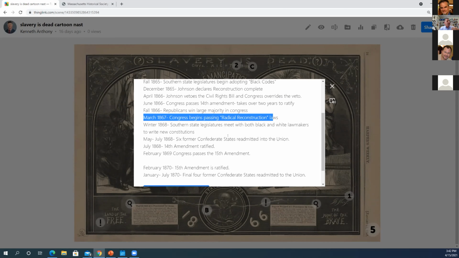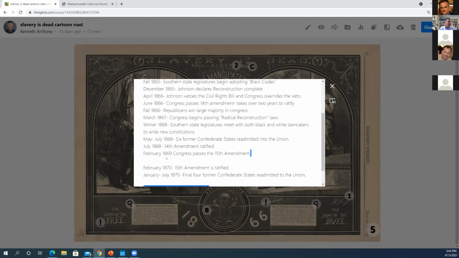And so the 14th Amendment is able to be passed because they ratchet up Reconstruction into radical Reconstruction, which has that conflict between the president and the Congress. Of course, Johnson's impeached over several things: him trying to fire different members of his cabinet, as well as over his relatively soft and benign Reconstruction.